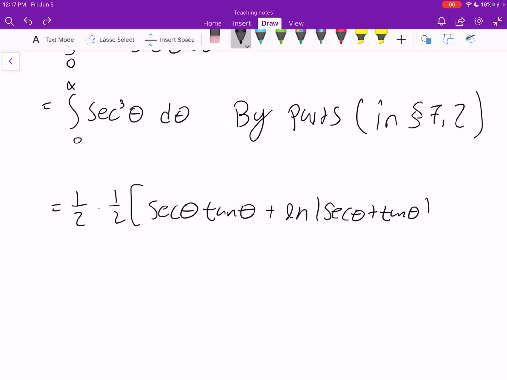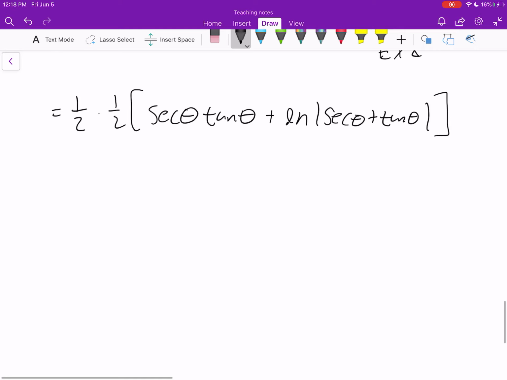And again, I think I posted my notes for 7.2, maybe I didn't, but I did this, so you can go back and look at it. This is example 8 in section 7.2. So if you need to see how that's done, go back and look at it.